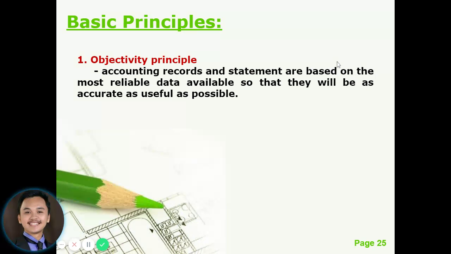The decision that could be made from an erroneous information could also be erroneous or useless. So therefore, we should consider recording our business transactions accurately or with objectivity principle.